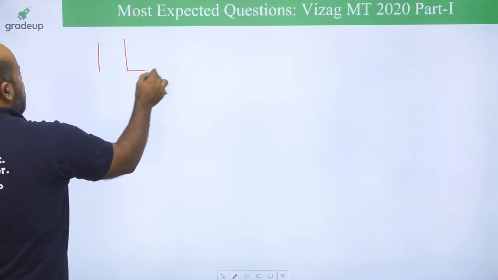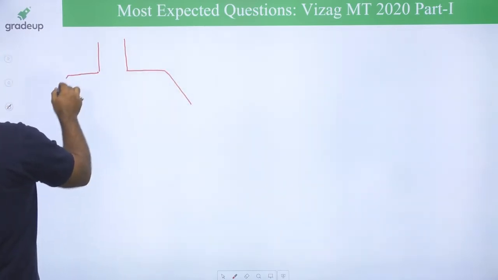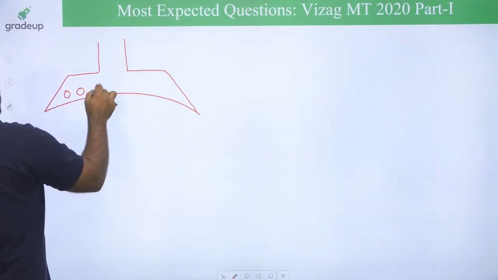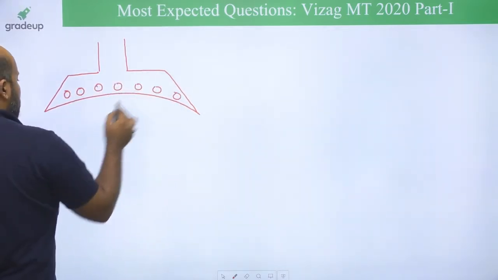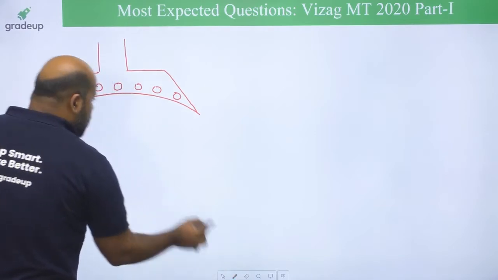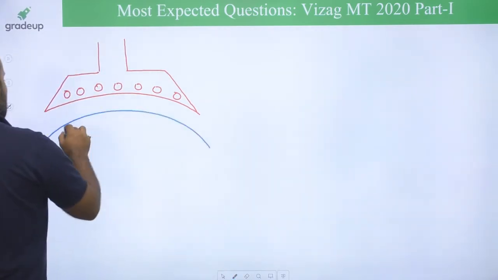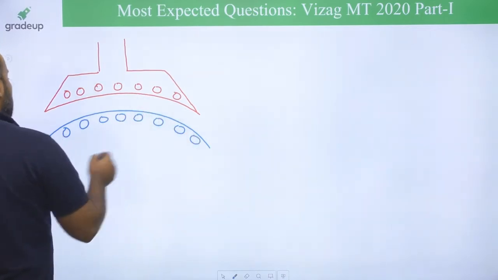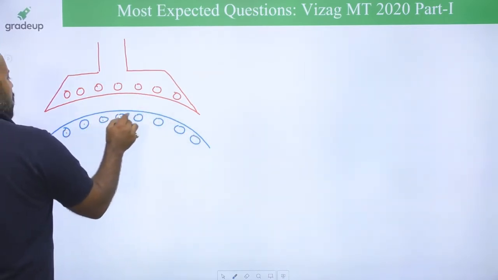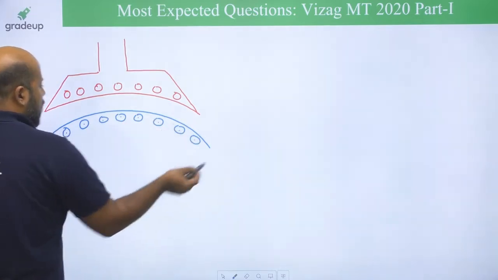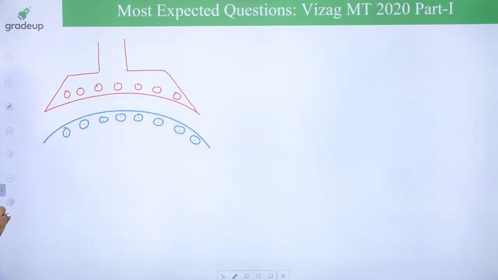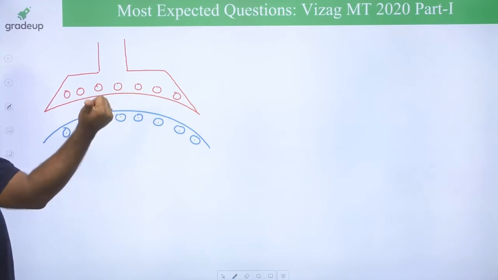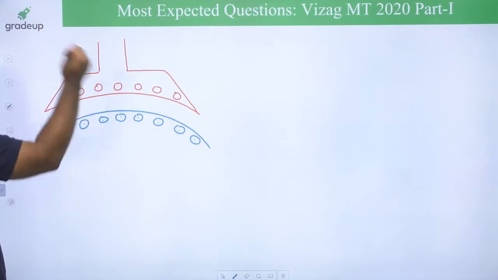Suppose this is your compensating winding. This is going to be your compensating winding, and this is your armature coil. Suppose this is the direction of current in the armature conductors. If you have to find the flux direction, apply the right hand thumb rule. Thumb in the direction of current, moving fingers will give you the direction of flux.